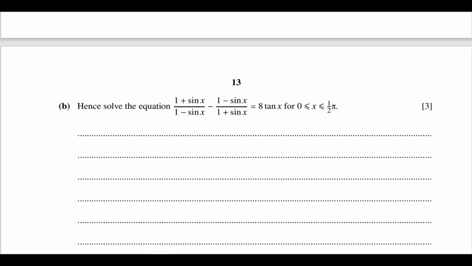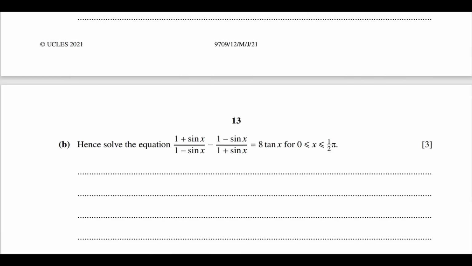Hence solve the equation (1 + sin x)/(1 − sin x) − (1 − sin x)/(1 + sin x) equal to 8. So from the previous part of the question, we got the answer as 4 tan x by cos x. 4 tan x divided by cos x equal to 8 tan x.